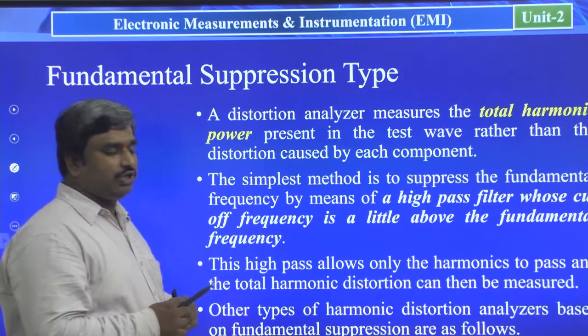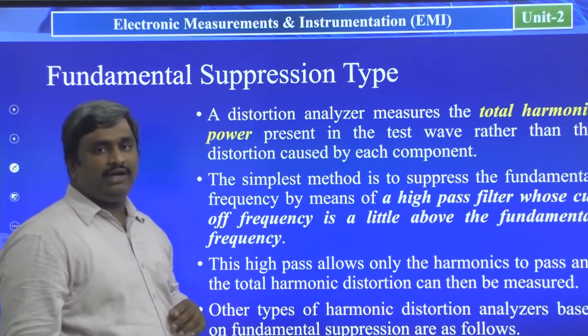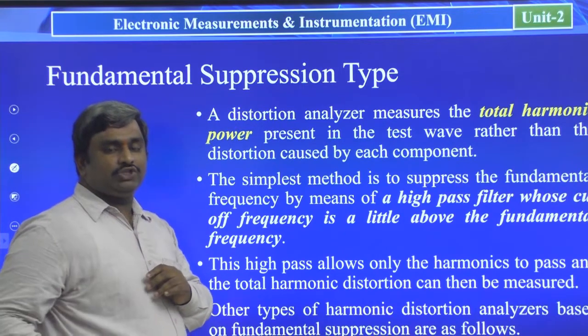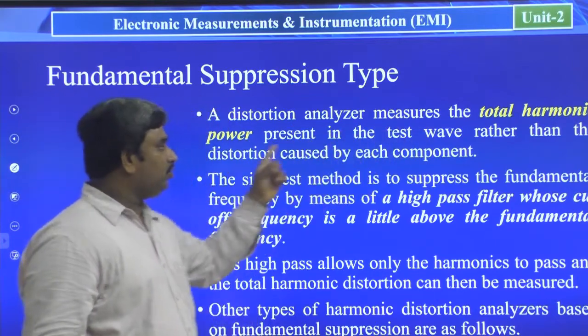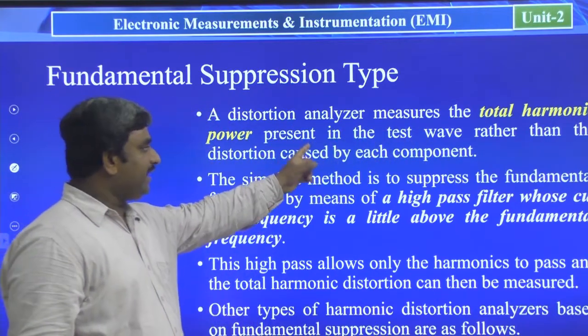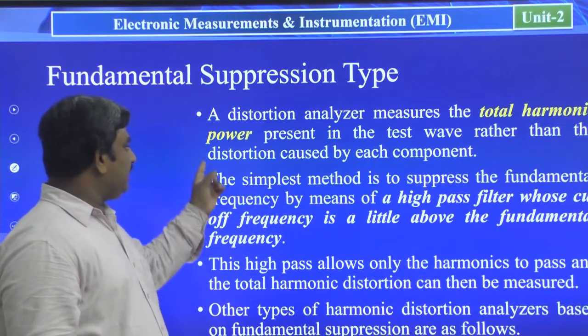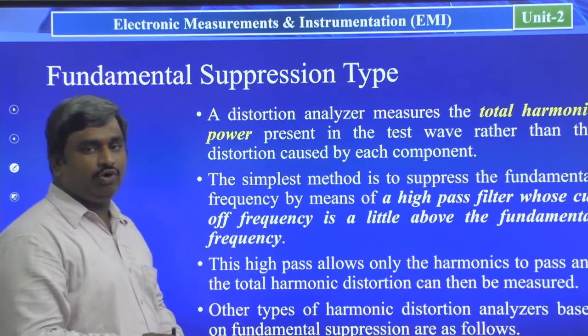In the harmonic distortion analyzer, the first one is the fundamental suppression type. A distortion analyzer measures the total harmonic power present in the test wave, rather than the distortion caused by each component.